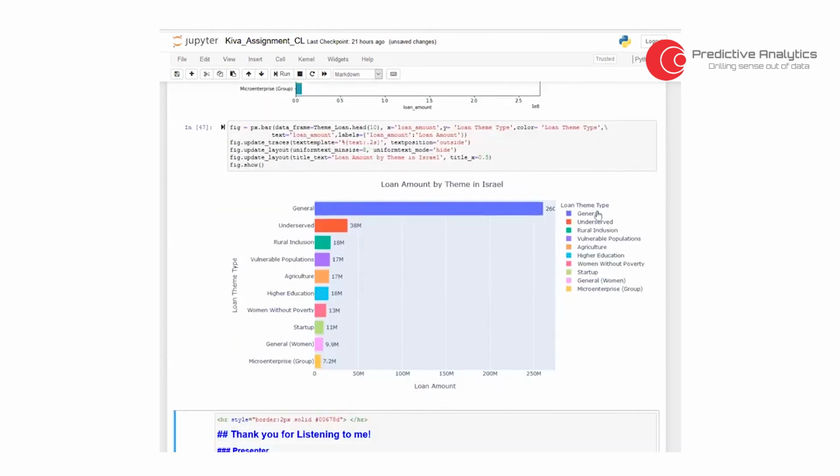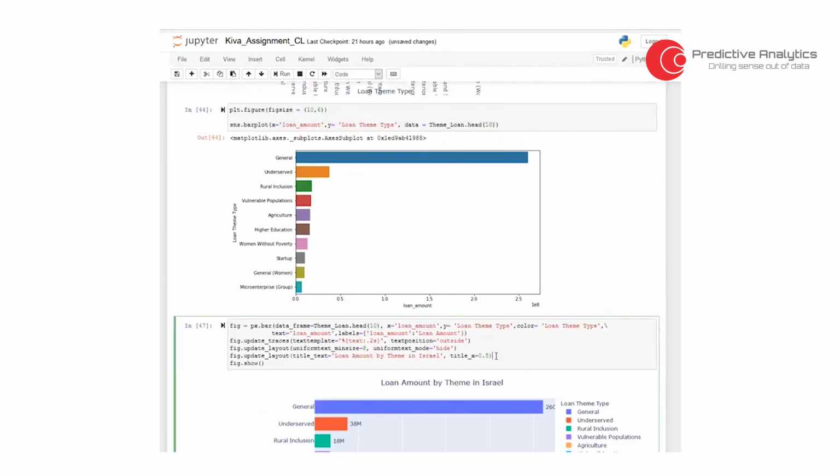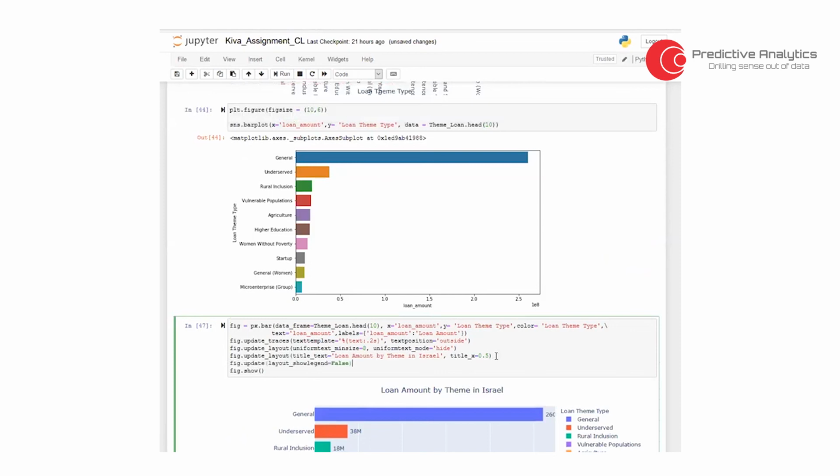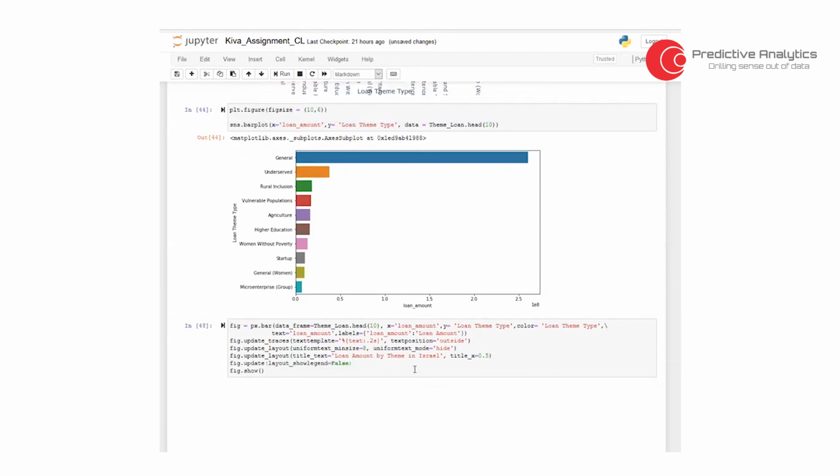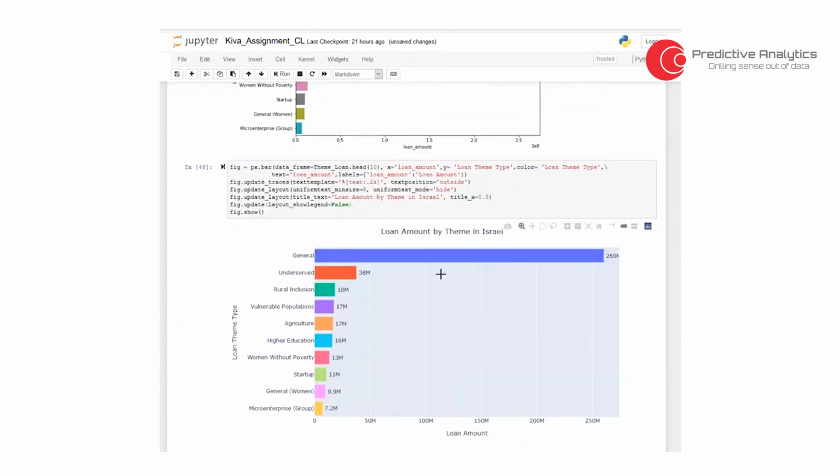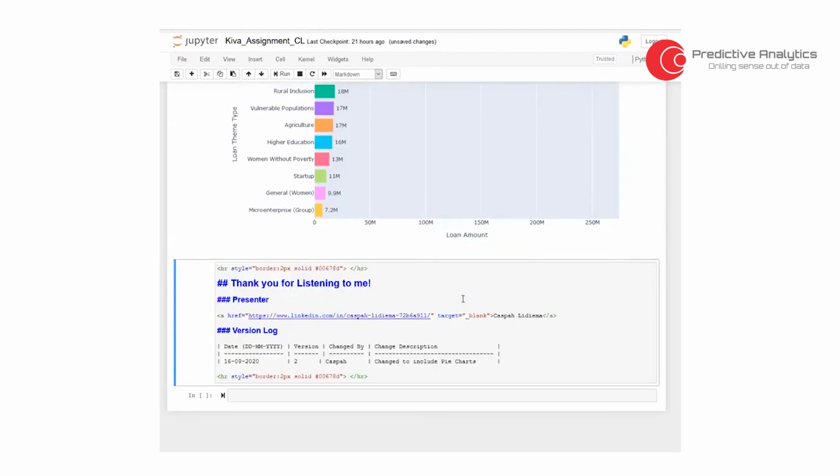But I put false because I didn't want this to appear. This one is already showing general, this is underserved, so there was no need to show the loan theme again. So I put here update fig layout, show legend false, so that it removes the legend and the plot itself becomes bigger. So that's what I did.